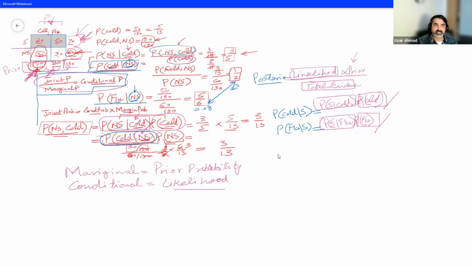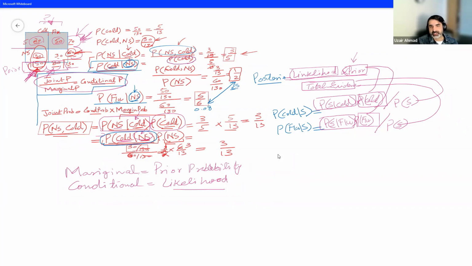People who are sneezing, some are here, some are here, right? So we will say probability of sneezing. They are total evidence. This is our prior. So can you easily map our concepts of marginal probabilities, joint probabilities, conditional probabilities to this formula?